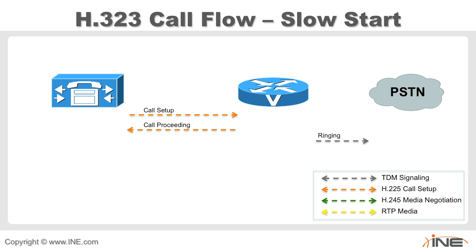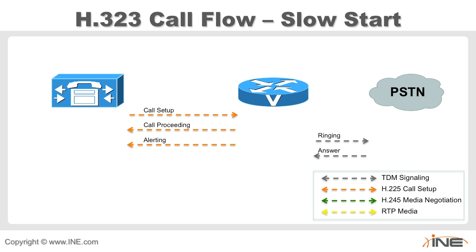And then that gateway will ring out to the PSTN. Once it's begun ringing, it will send back to the originating gateway, hey, I'm alerting the far side. And it's at that point that the CUCM, the originating gateway, begins playing back to its phone ringback. But not until then, not until we're sure that they're alerting.